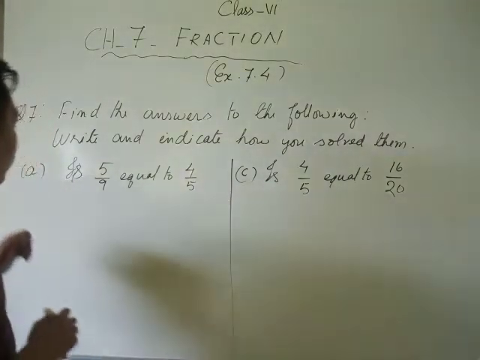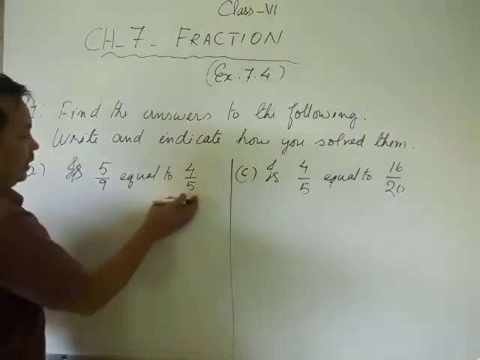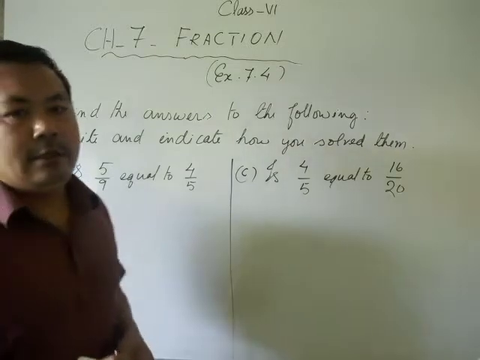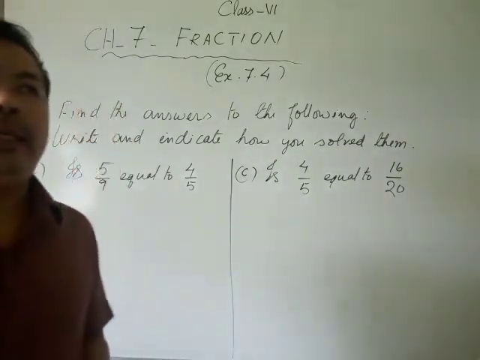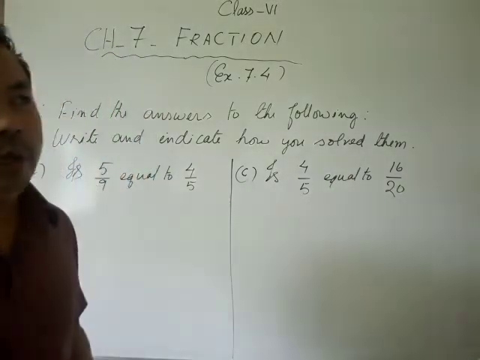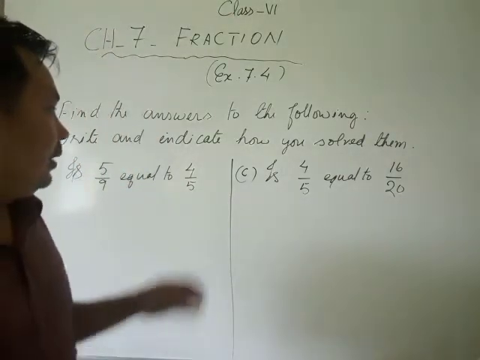For that, we are going to take the LCM of these two denominators. The fractions have different denominators, so we first make them like fractions. Then if they have the same numerator, the fractions are the same.